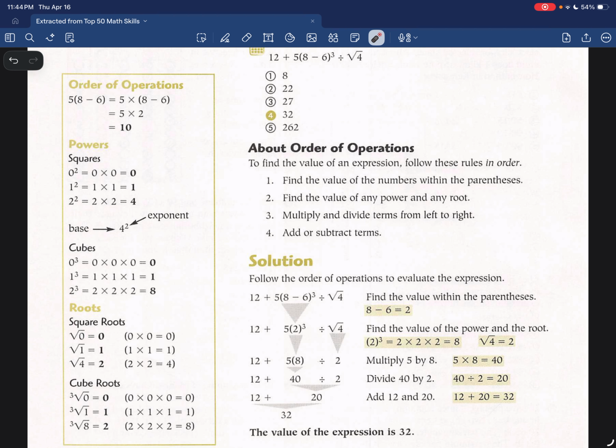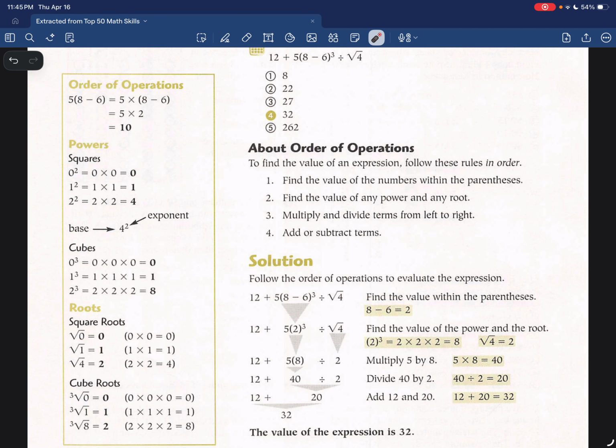Cubes mean that something is raised to the third power. For example, 0 to the third power is 0 times 0 times 0, which is 0. 1 to the third power is 1 times 1 times 1. And 2 to the third power is 2 times 2 times 2, which is 8.